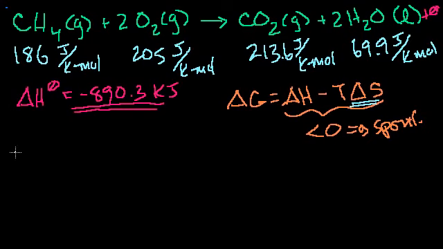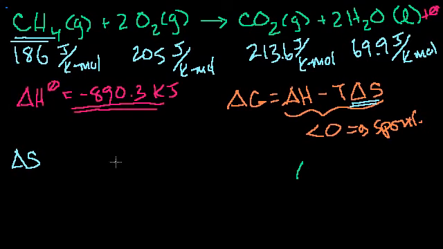Our delta S. And to help figure out the delta S, I, ahead of time, looked up the standard molar entropies for each of these molecules. So for example, the standard molar entropy. This is just the notation, there's no delta there.